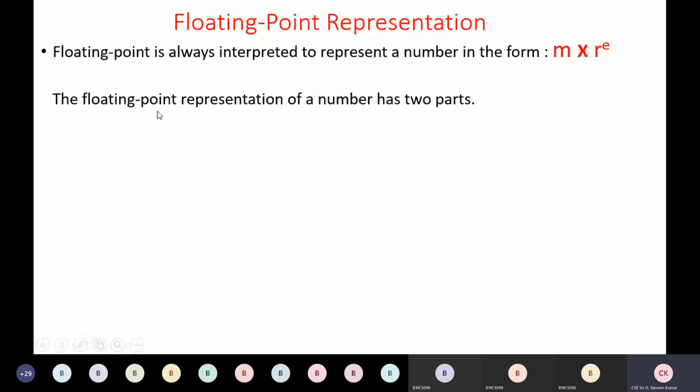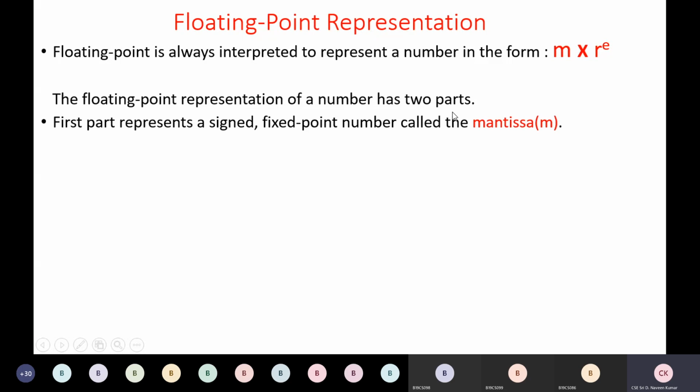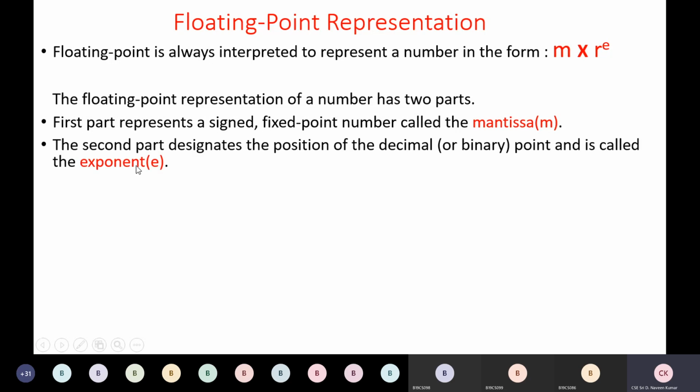So the floating point consists of two parts. The first part is the mantissa m, and the second part is the exponent, which is e.